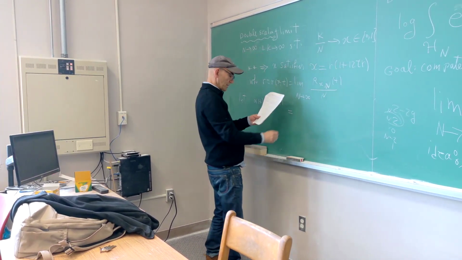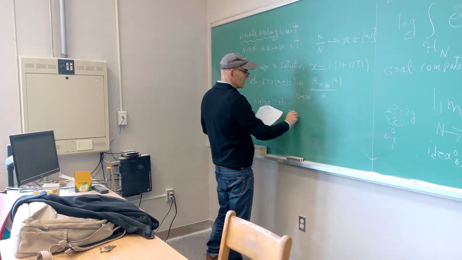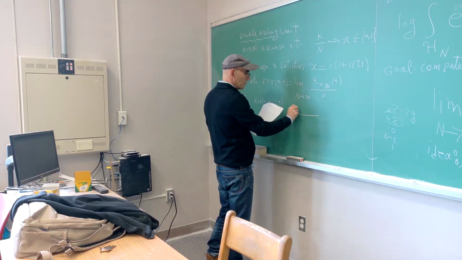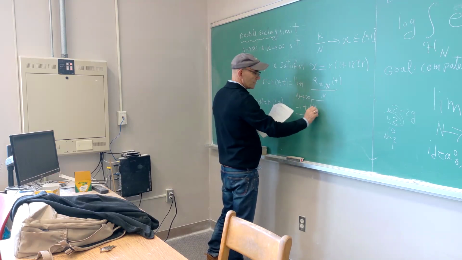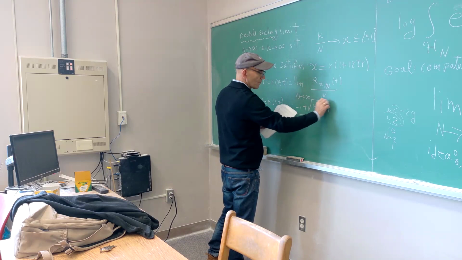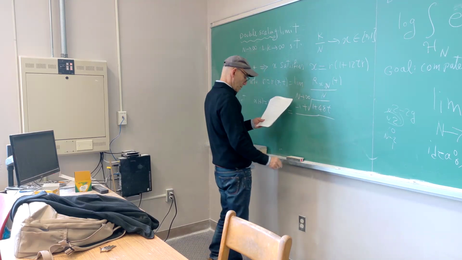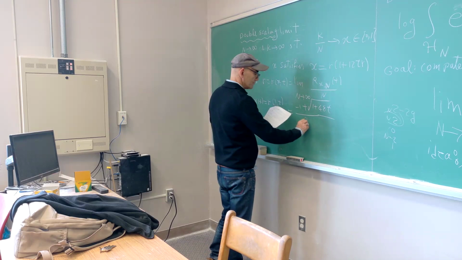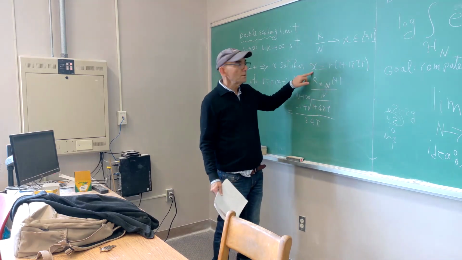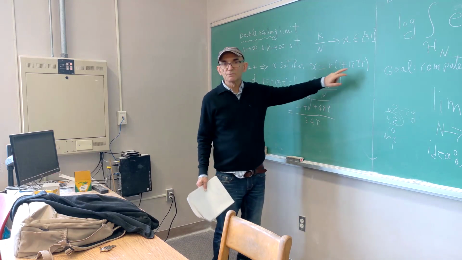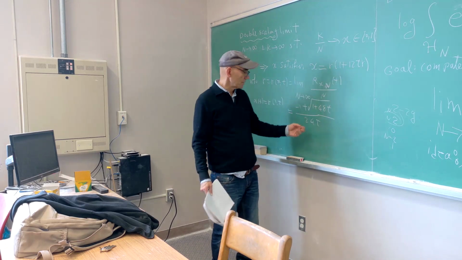You get a quadratic equation, you solve it, and you get r equal to minus 1 plus root of 1 plus 48t, by the quadratic formula, divided by 2040.